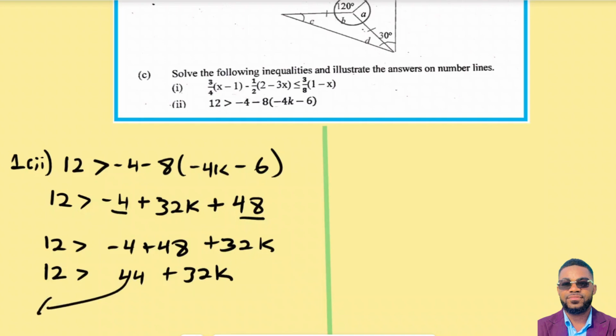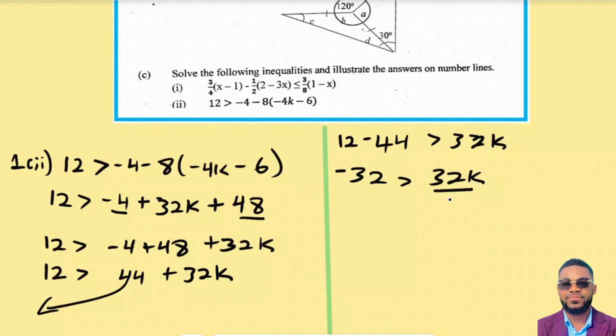So I can take this guy to the side. So let me continue from this side, and that's going to be 12 minus 44, greater than 32k. So 12 minus 44 will give me -32 greater than 32k.